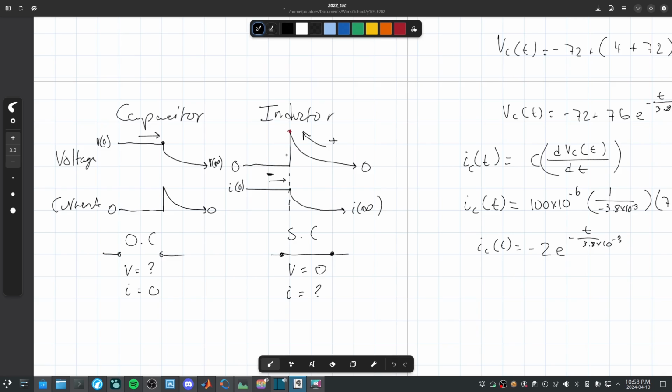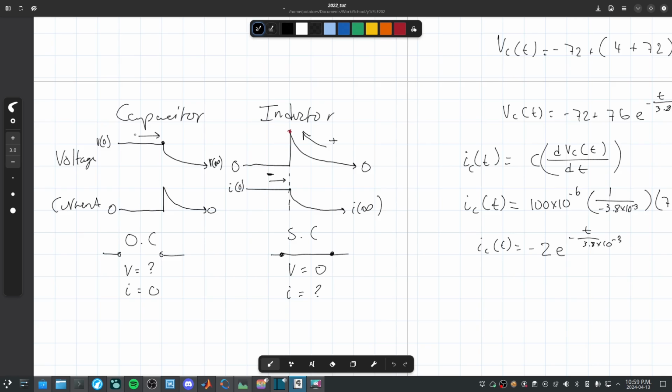So voltage is going to start at 0 volts, jump up, and then come back down to 0 volts once it has stabilized. Current is the exact opposite. Current can pass through just fine in an inductor, and the moment that the switch flips, it will come to a slow rest at its new steady state.